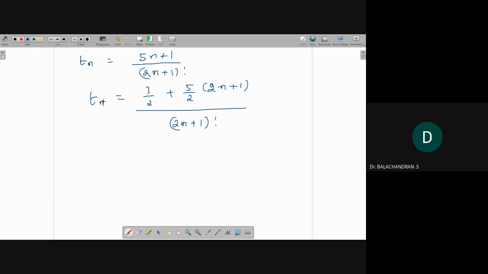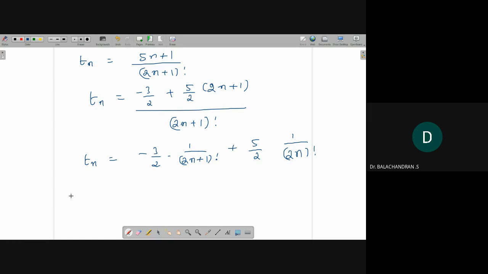So this is Tn. Now split the function. Minus 3 by 2, thank you, Paritosh. Minus 3 by 2 into 1 by 2n plus 1 factorial plus 5 by 2 into, if you cancel 2n plus 1, you'll get 1 by 2n factorial.